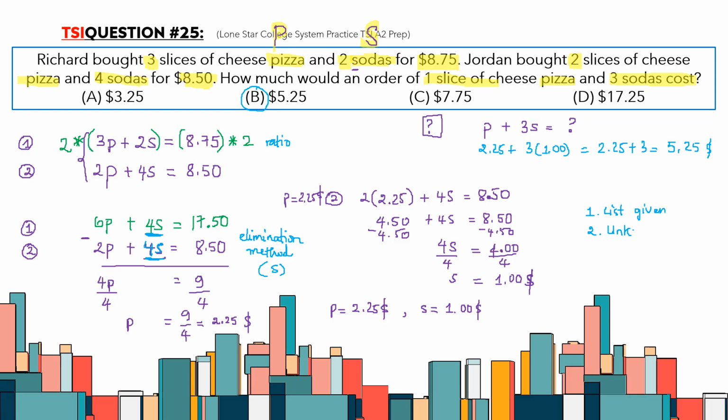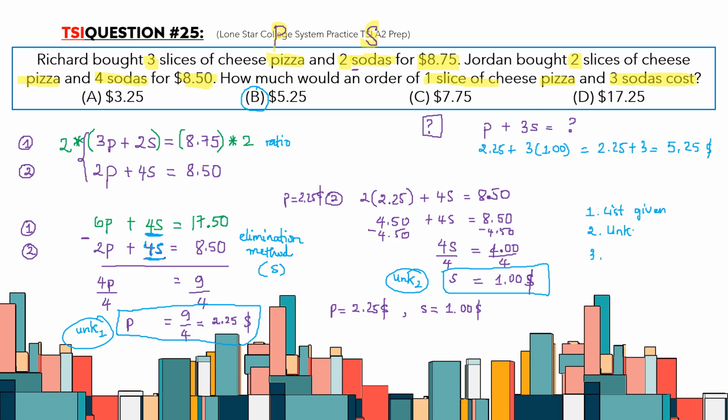In this case, our unknown number 1 is the price of one slice of cheese pizza. Unknown number 2 is the cost of a can of soda.